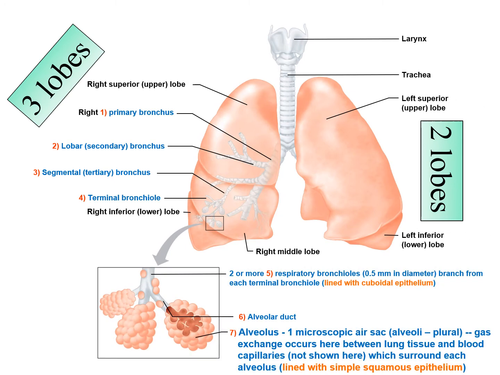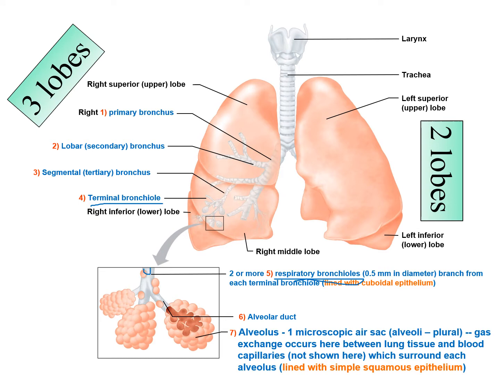As we delve down into the microscopic structures of the bronchial tree, remember the terminal bronchioles, now, not bronchi, bronchioles. Terminal bronchioles will in turn branch and split into respiratory bronchioles.